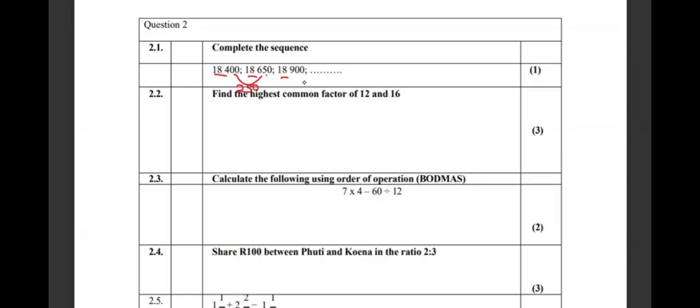Then from that, I'm adding another 250. So I must also add another 250. So 18900 plus 250. So 0, I have a 5, I have a 1, I carry the 1, and then 9. Okay, so 9 and 1. So this is our answer for that one mark.